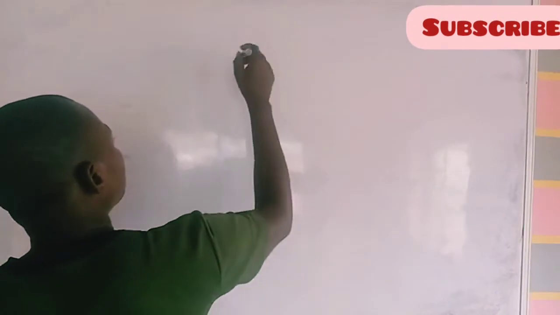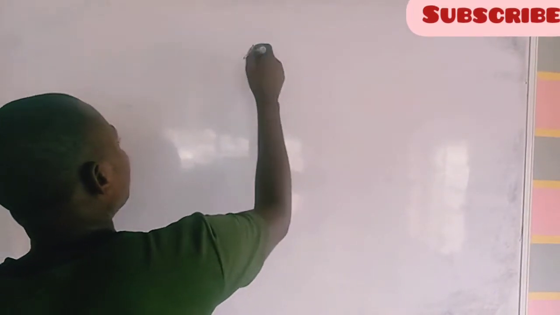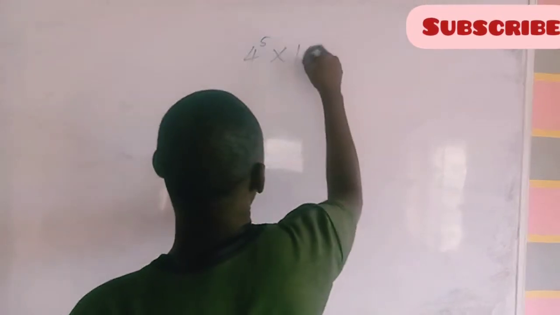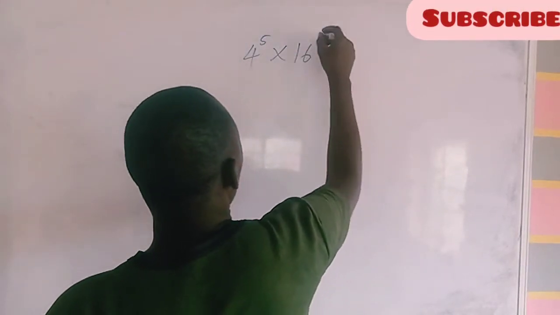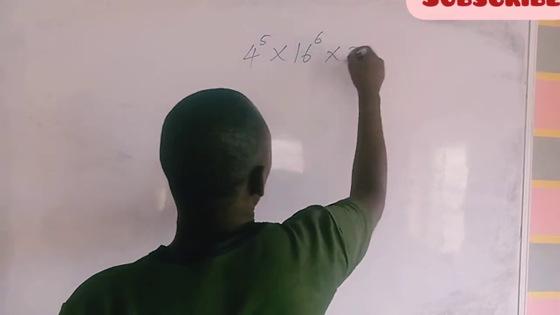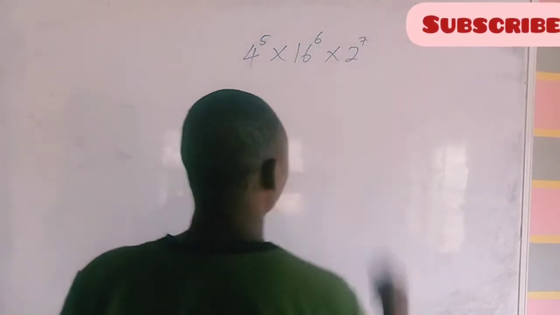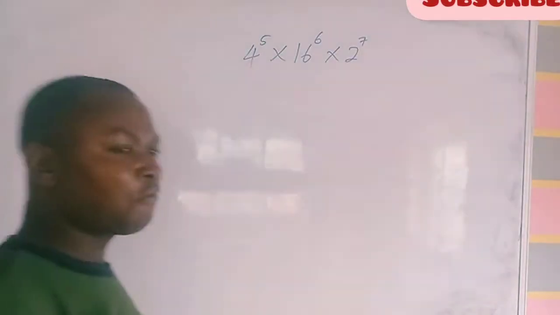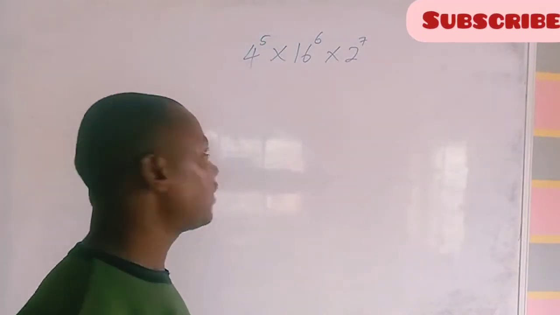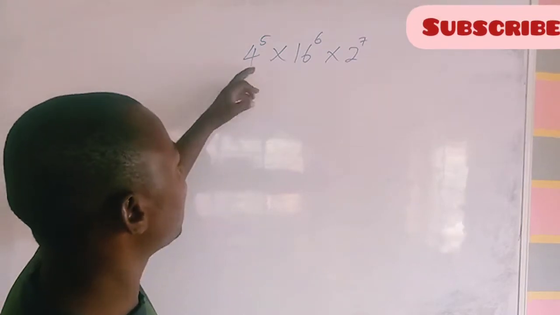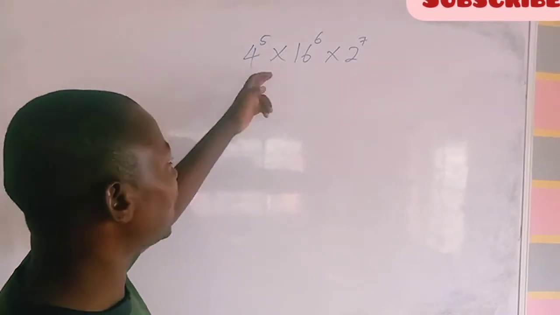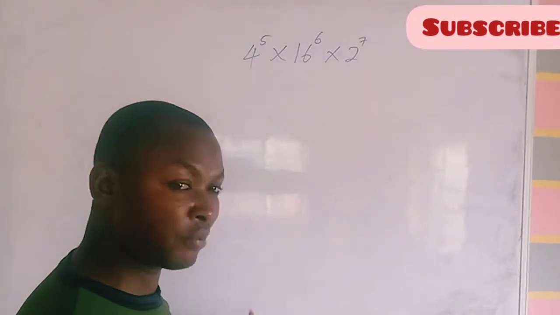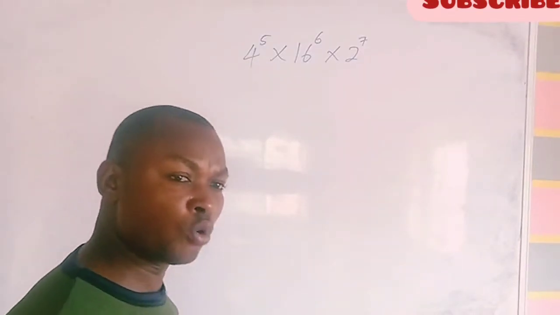Look at this question. 4 raised to the power 5 times 16 raised to the power 6 times 2 raised to the power 7. So don't forget that when there is power in any expression, we don't just multiply directly. We'll handle the power first before we check if it's easily multiplied or expressed as a whole number.